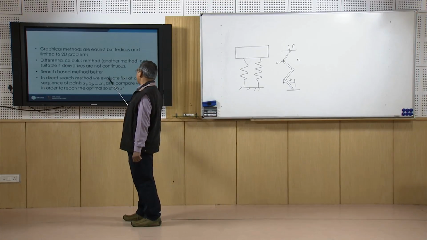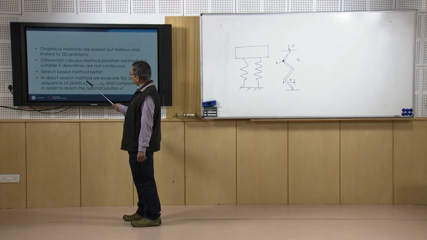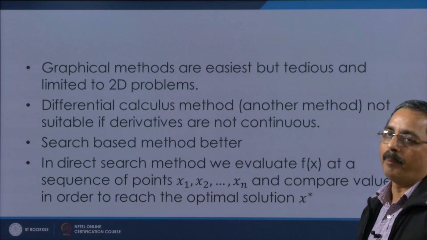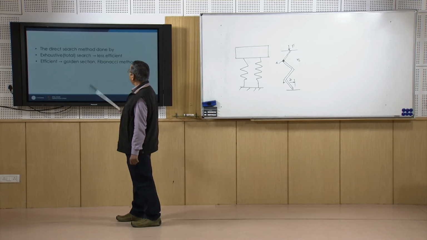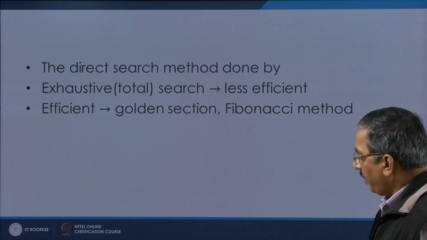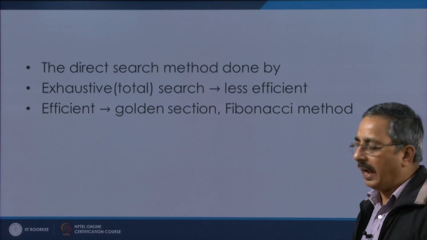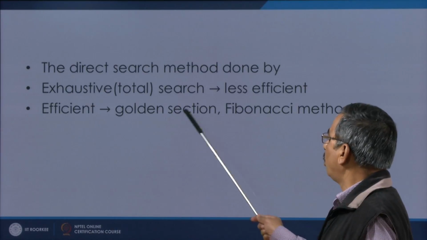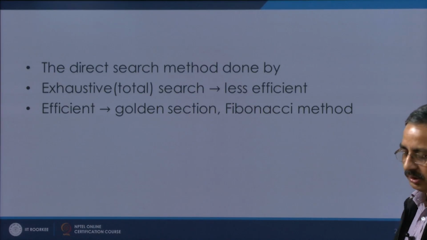In direct search methods we evaluate a function at a sequence of points, say x1, x2, xn, and compare values in order to reach the optimal solution x star. The direct search is done either by an exhaustive or total search, which is less efficient, or by efficient search methods such as the golden section method or Fibonacci method to find the optimal solution.